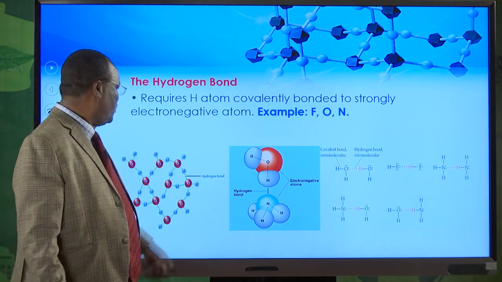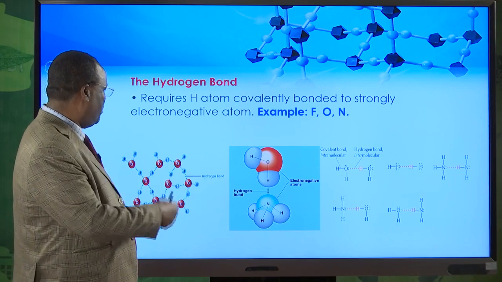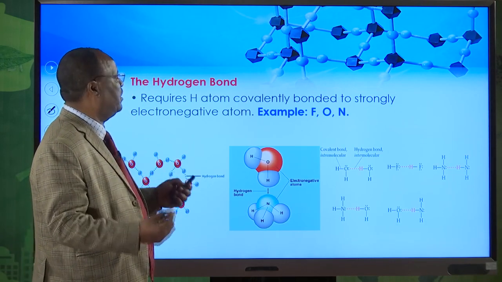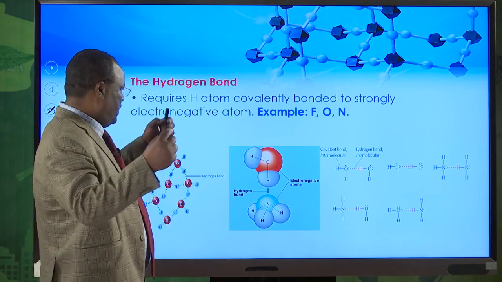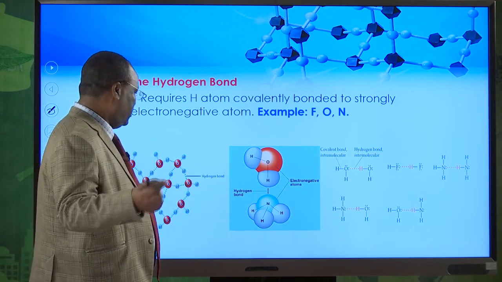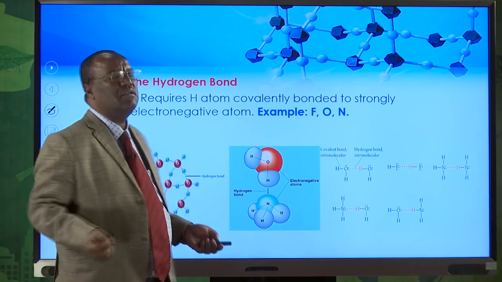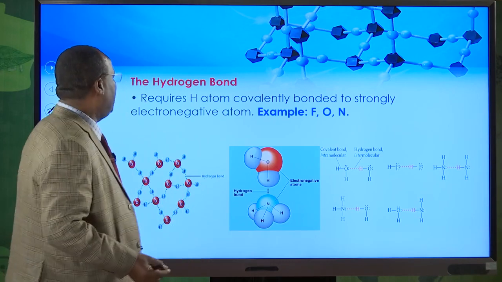Another example. The intermolecular force between water molecules, and between water and ammonia molecules, are examples of hydrogen bonding.